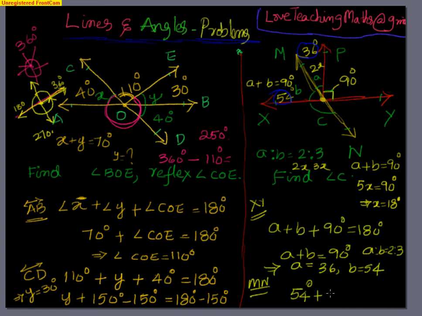So 54 degrees plus angle XCN is equal to 180 degrees. I am referring to this straight line MN: this angle plus this angle should be equal to 180 degrees. That gives me angle C as 180 minus 54, which is equivalent to 126 degrees.